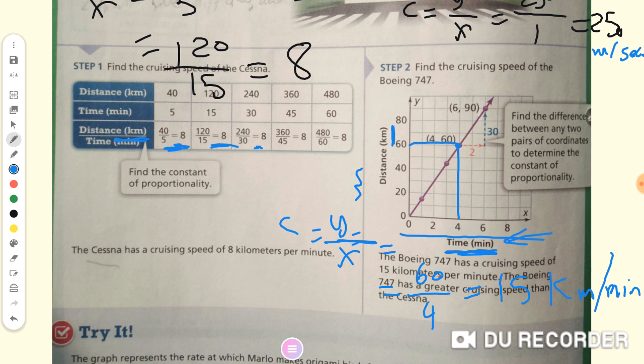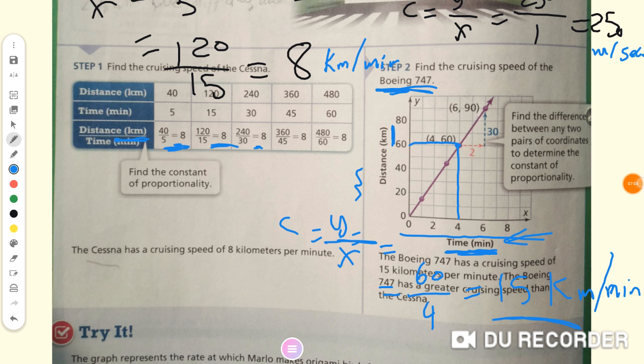The first one is 8 kilometers per minute, the Cessna plane, and the jet airplane, like the Boeing 747, is 15. So the Boeing is faster. So I can determine that the cruising speed of the Boeing is faster than that of the Cessna.